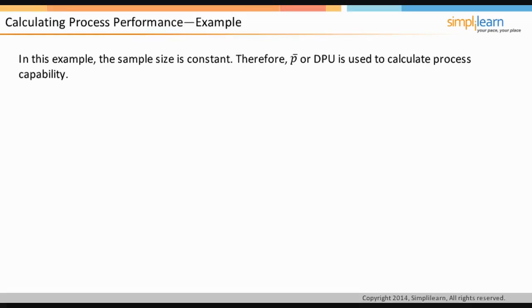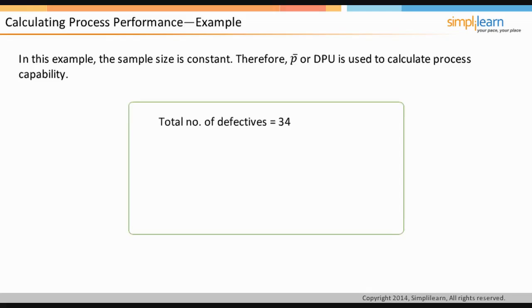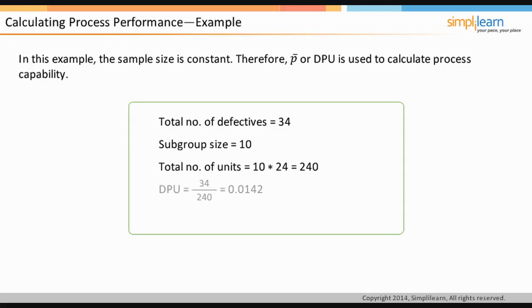In this example, as the sample size is constant, DPU or P bar is used to calculate the process capability. The total number of defectives is 34, and the subgroup size is 10. The total number of units is 10 multiplied by 24, which is 240. The defects per unit is 0.0124.